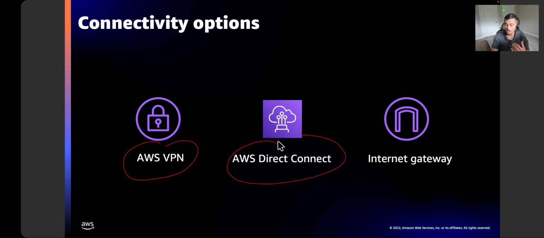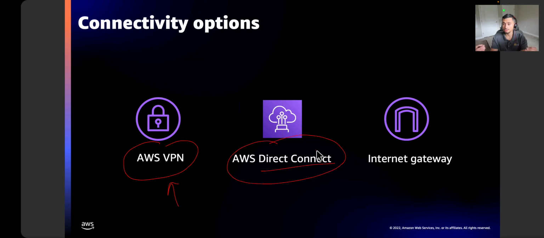Now, for some cases, you might need a physical fiber line instead of something like a VPN connection, which goes over the public internet. Ultimately, it's just encrypted. But sometimes we need a more consistent way of transferring data back and forth, because with VPN we can only achieve up to some limit of throughput. Sometimes we need a physical fiber line connection, and that's where AWS Direct Connect comes in, which gives us predictable network performance because we have a dedicated private line that's only for our use.